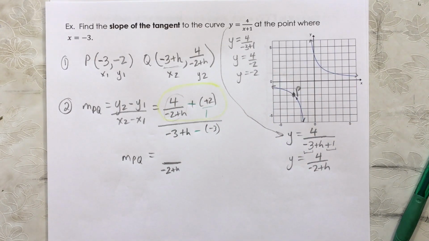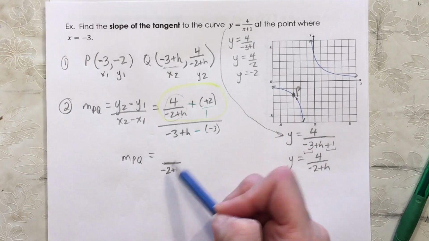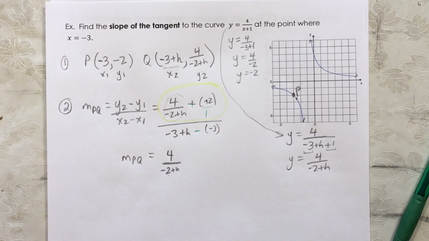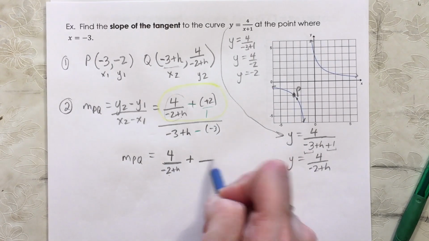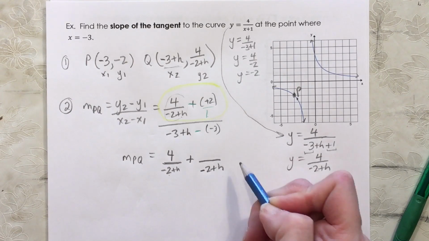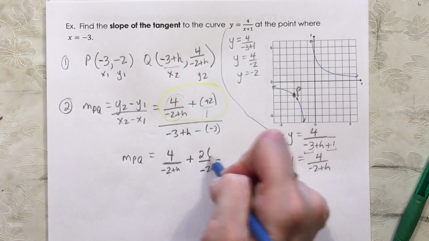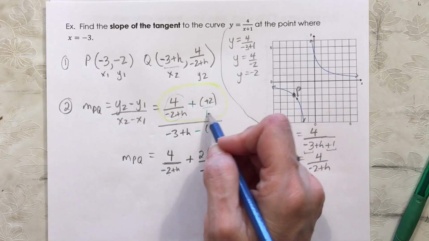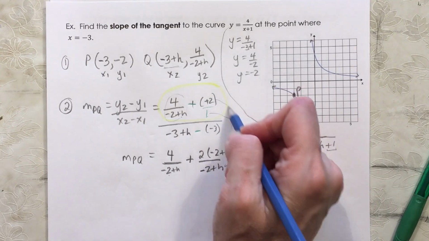This fraction already had that denominator, negative 2 plus h, so its numerator will stay 4. This denominator was 1, and we had to multiply by negative 2 plus h. So we also have to multiply the top by negative 2 plus h. Whatever you did to the bottom, you have to do to the top as well.